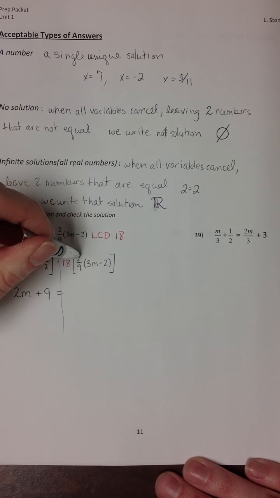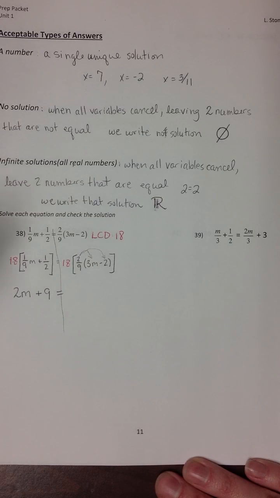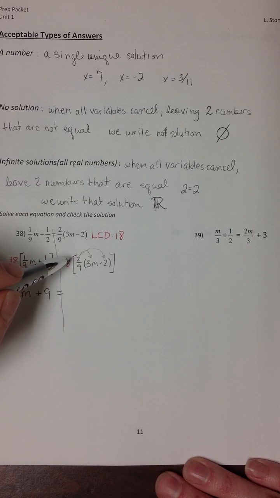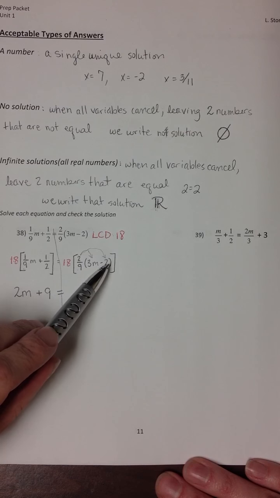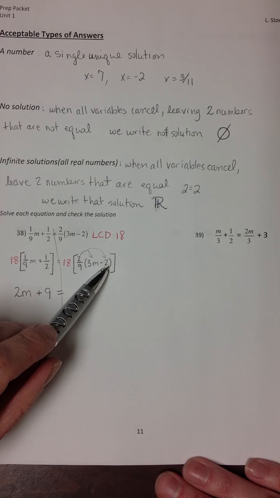Remember how the distributive property ends up with the 2/9 getting applied to everything inside the parentheses? So if we multiply the 18 times just the 2/9, when the distribution happens, that 18 will also end up getting applied to the 3m and the minus 2.